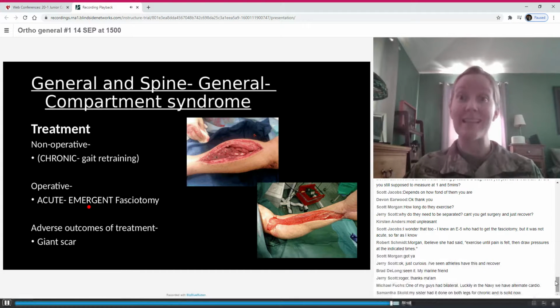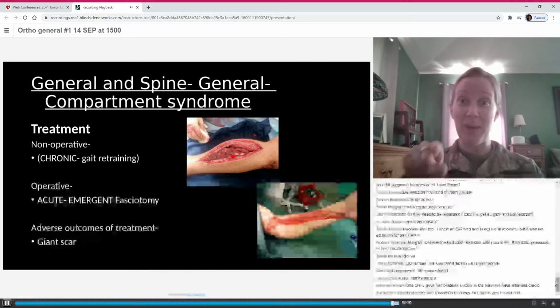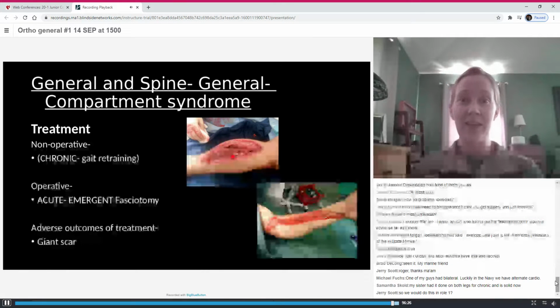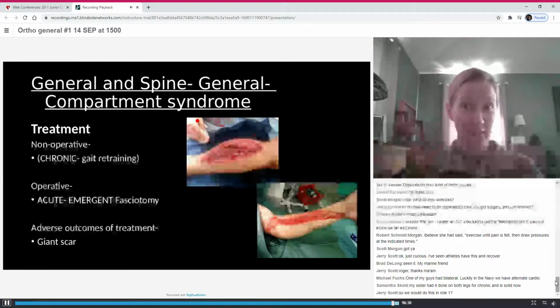It is limb saving. So this is done on the battlefield. As I said, it's horribly bloody. But you basically dissect down under the skin, you poke at the fascia and say, yeah, that's tight. And you just do a very thin cut down that entire fascia. And your pulse is in your ears.